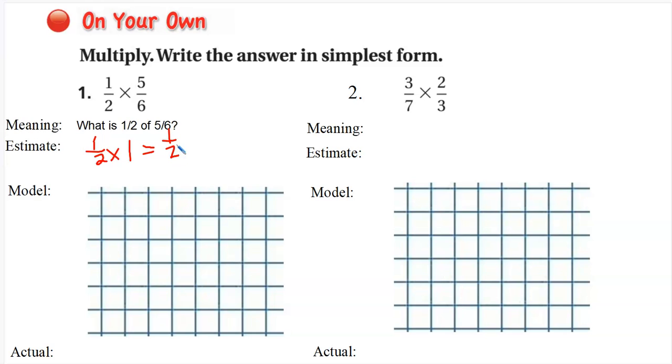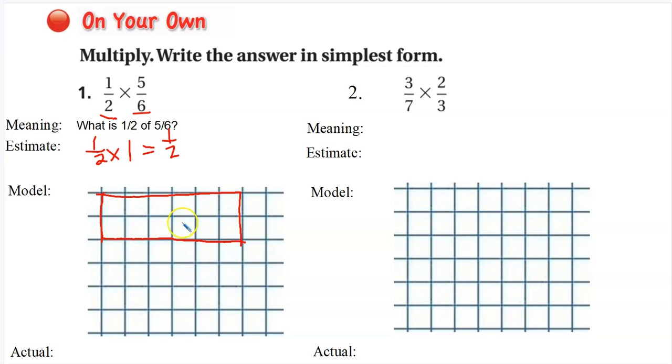Okay, so now I'm going to make the picture with the model, right? Remember, look at my denominators, 2 and 6. So I'm going to start up here and make a rectangle that drops down 2 and goes over 6. 1, 2, 3, 4, 5, 6. Okay, so the first thing I'm going to do is highlight half.